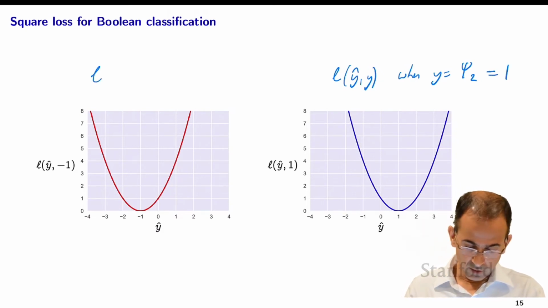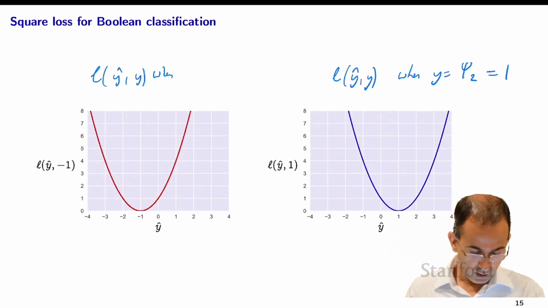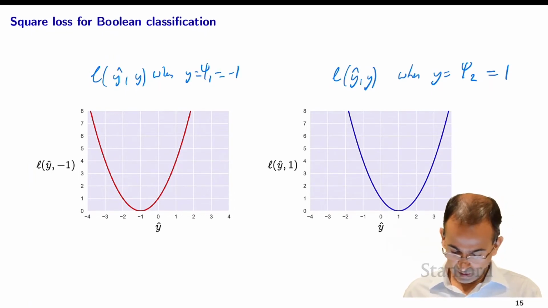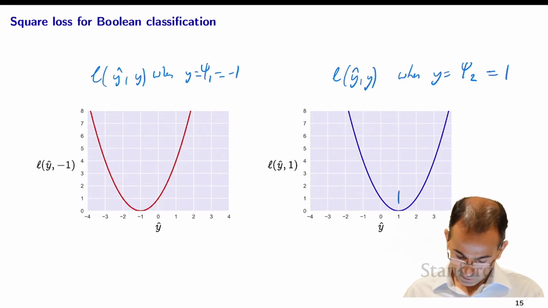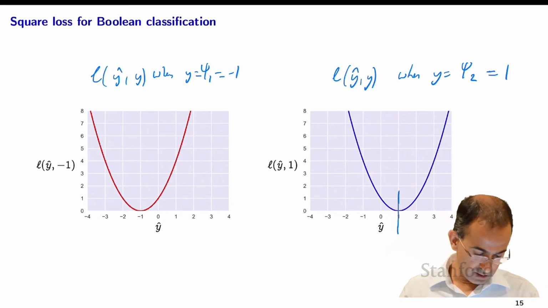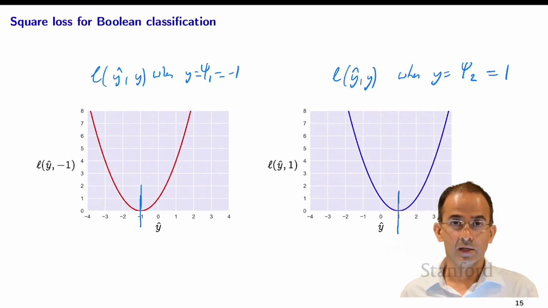And this is L on the left here of y hat and y when y is psi 1, which is just minus 1. And we can see that the one on the right is a quadratic centered at 1, and the one on the left is a quadratic centered at minus 1.